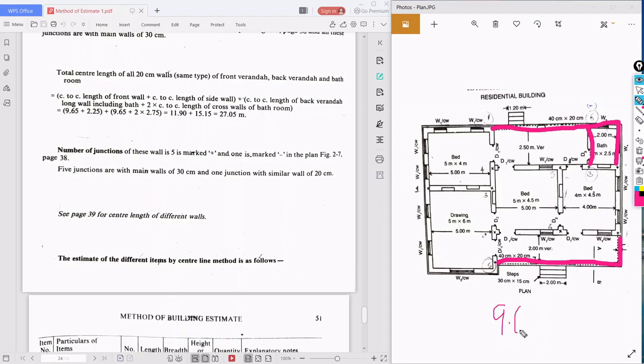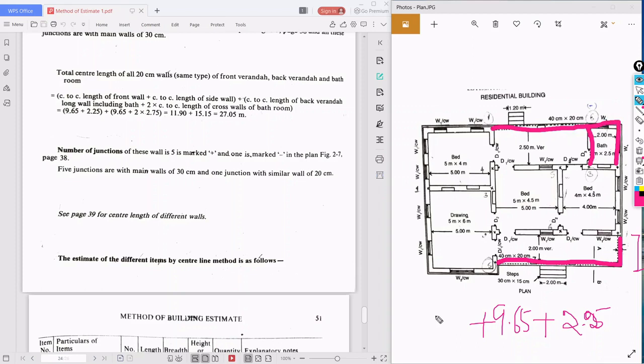So 9.65 plus, so this distance we know. That is 2 plus 0.2 by 2 plus 0.3 by 2. That is what? 2.25. 2.25 is for the front veranda, plus the back veranda also you need to consider.